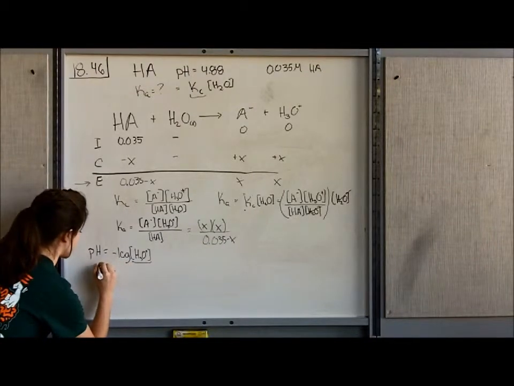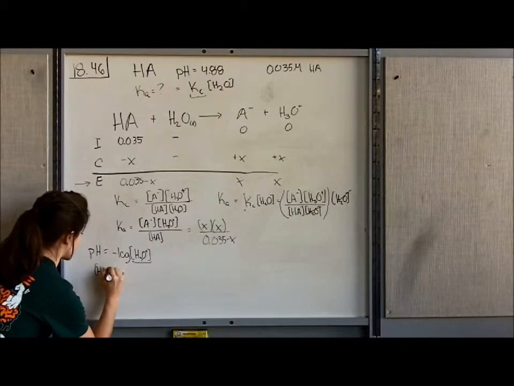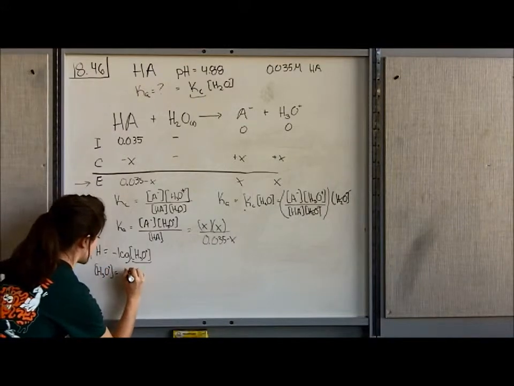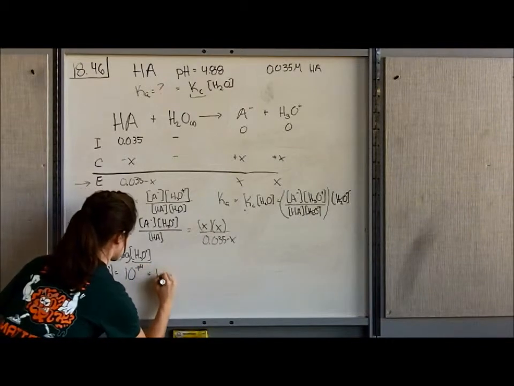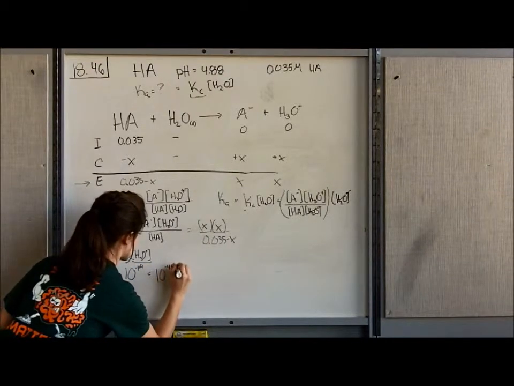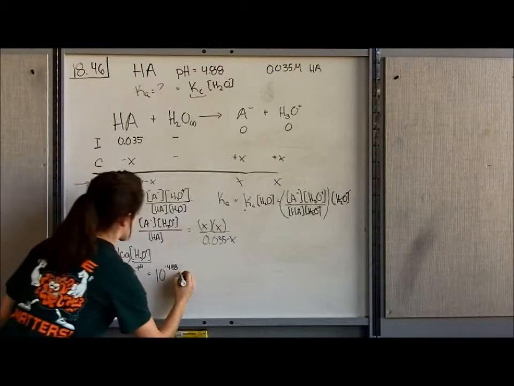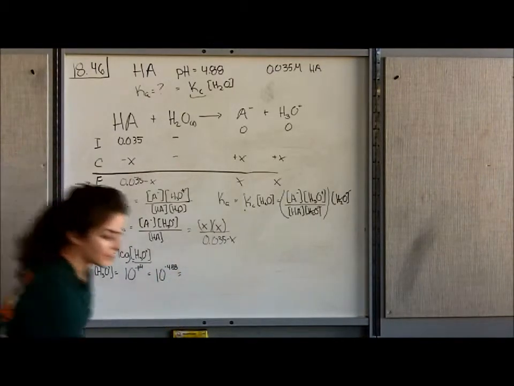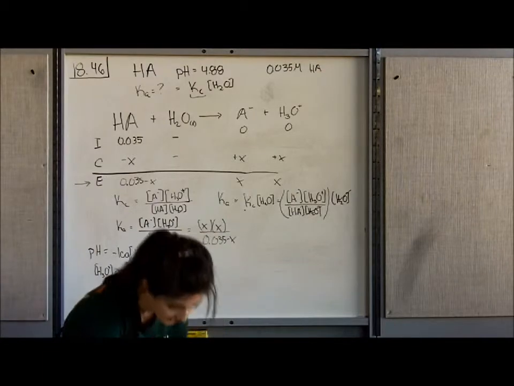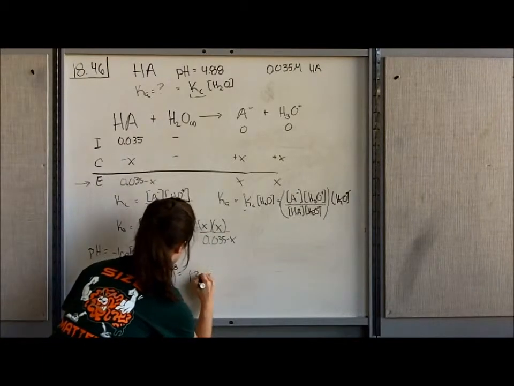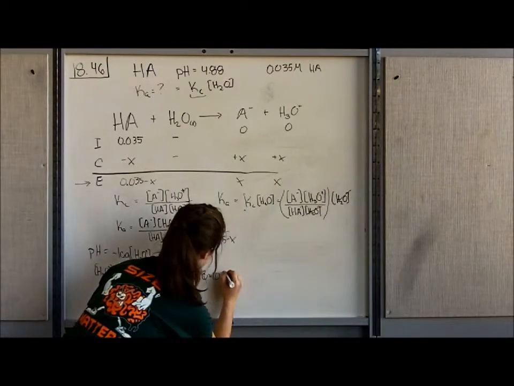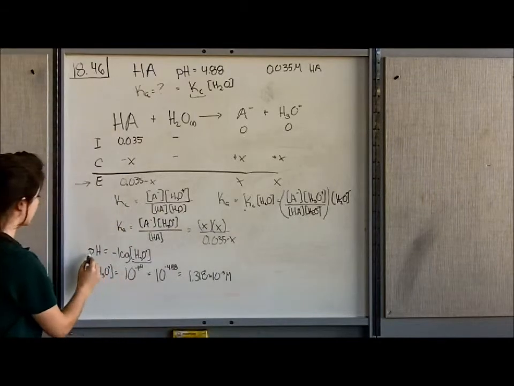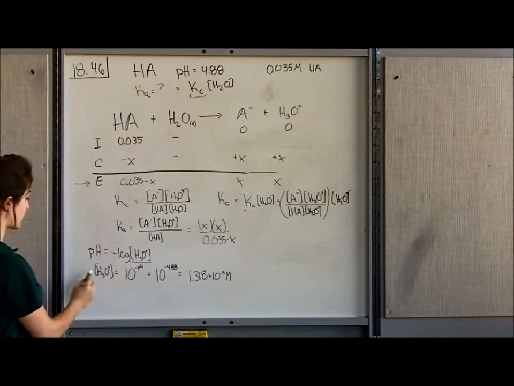The way we do that is convert the equation to H3O plus equals 10 to the negative pH, which is going to be 10 to the negative 4.88. So our concentration of the hydronium ion is going to be 1.318 times 10 to the negative 5 molar. This equation, how we convert from pH to hydronium ion, you need to know how to do. Go back and forth between the log.